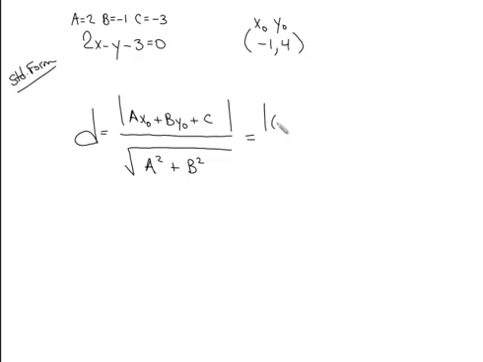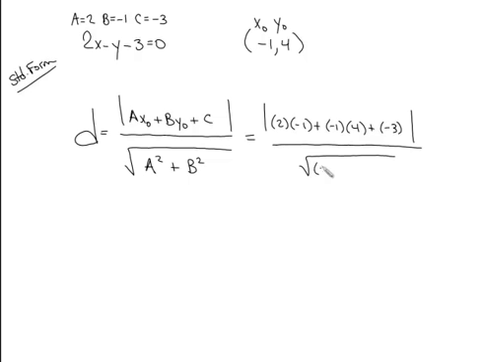Absolute value of a times x0 plus b times y0 plus c over the square root of a squared plus b squared. Don't forget to use parentheses when you plug in.